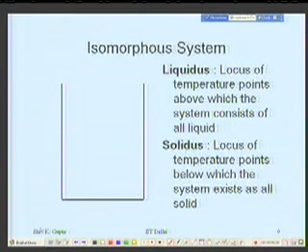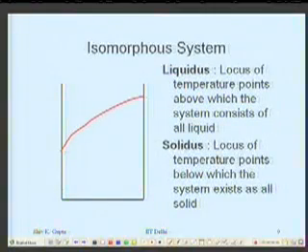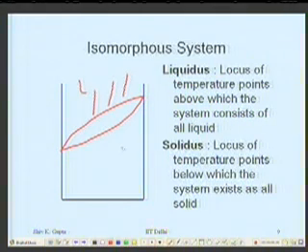Liquidus is the locus of temperature points above which the system exists only as liquid. And I have not defined what exists below that. Above this temperature, it all exists as liquid. What exists below this temperature, I am not defining.